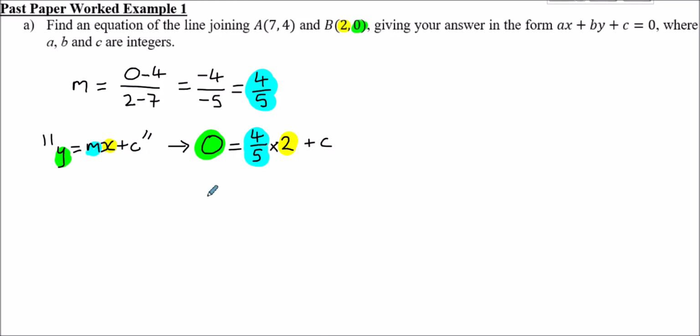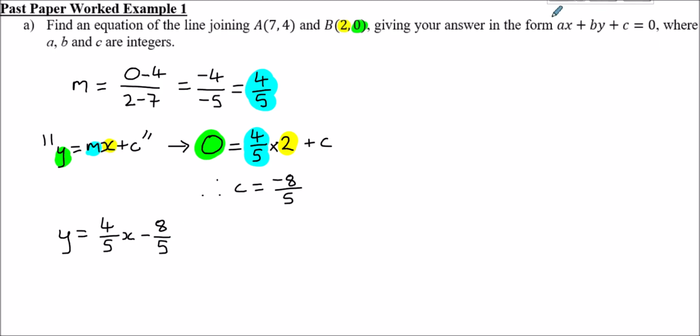So rearrange that, we get that therefore c has to be minus 8/5. So y equals mx plus c actually becomes y equals 4/5 x minus 8/5.